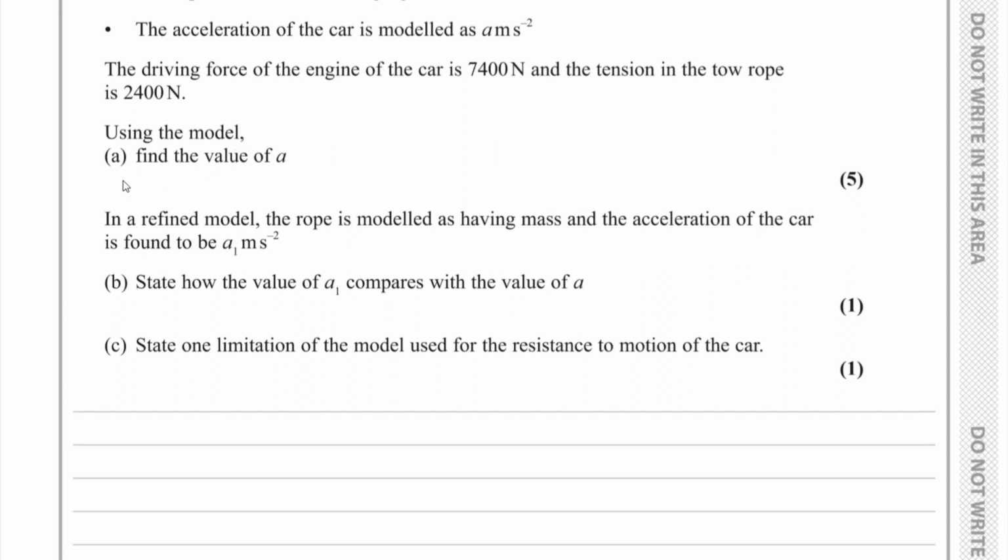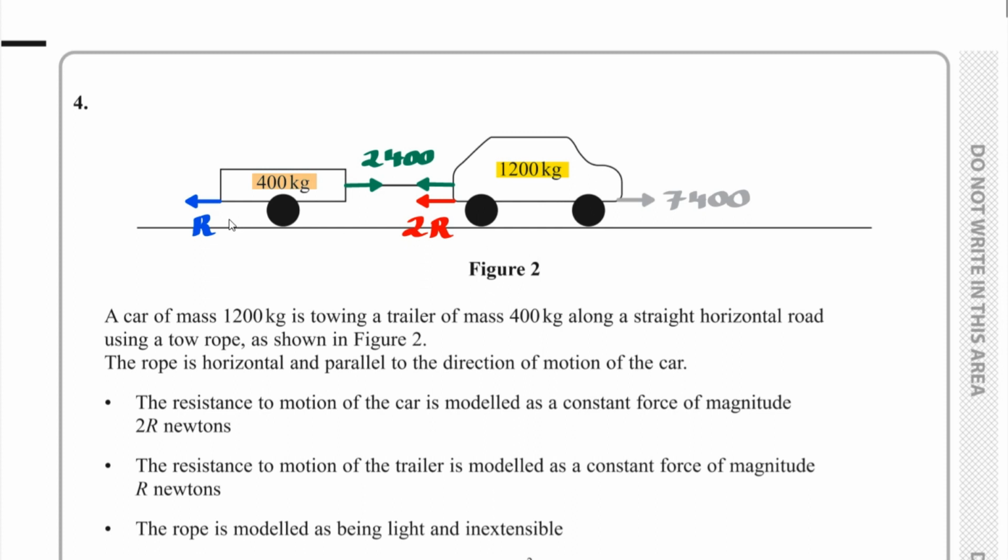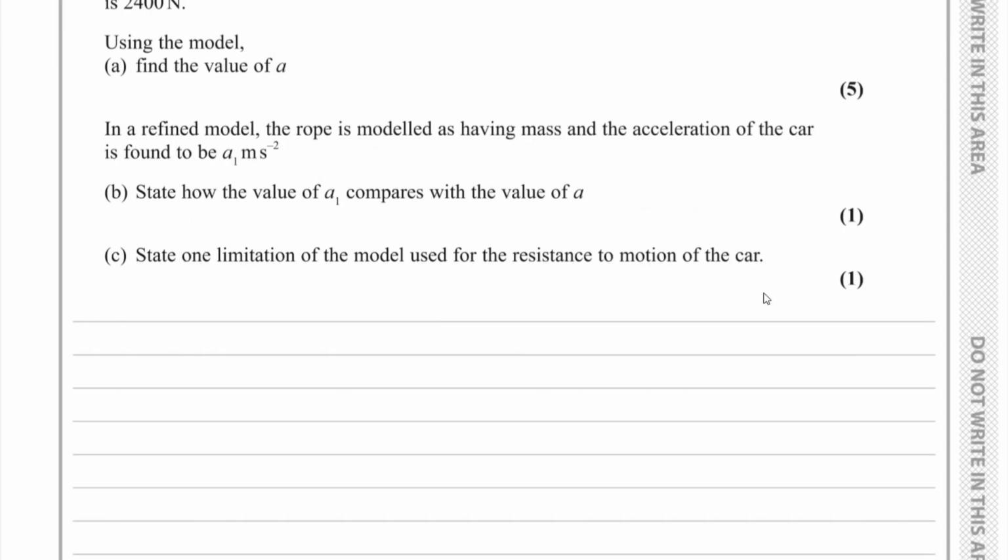Using the model for part A, we have to find the value of A. Now for us to find the value of A, we need to use the sum of the forces equals mass times by acceleration. And what we can do is consider the entire system.